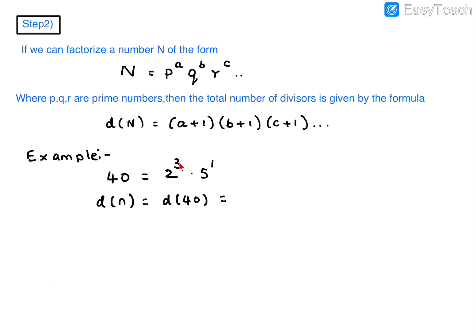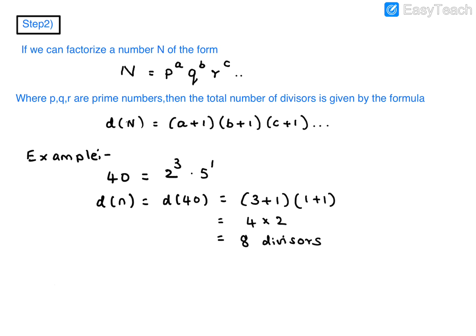Here our a is 3 and b is 1. So according to the formula, a plus 1 times b plus 1, that will be equal to 4 times 2 or 8 divisors.